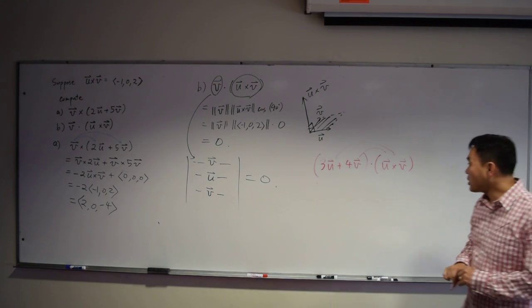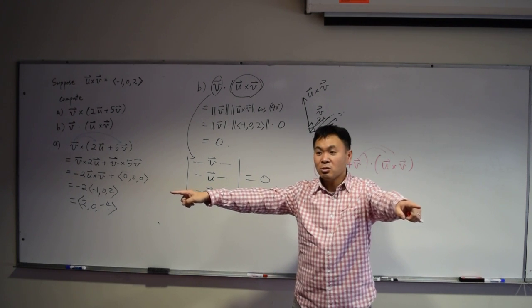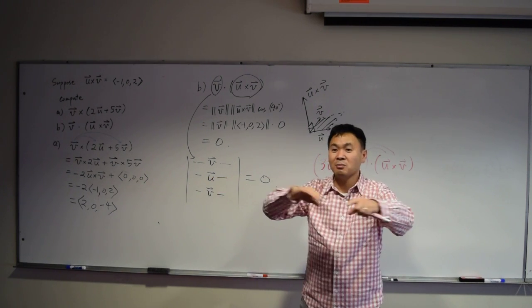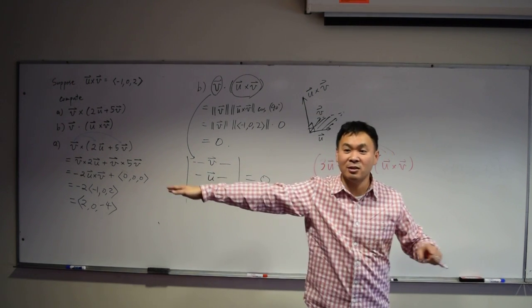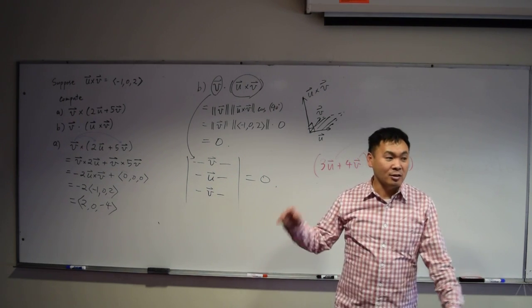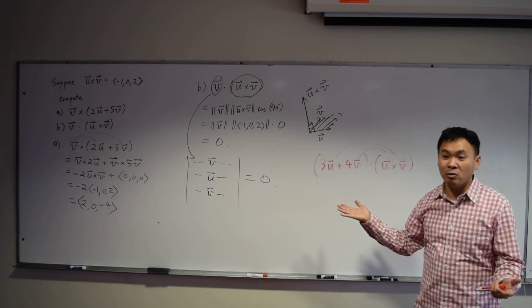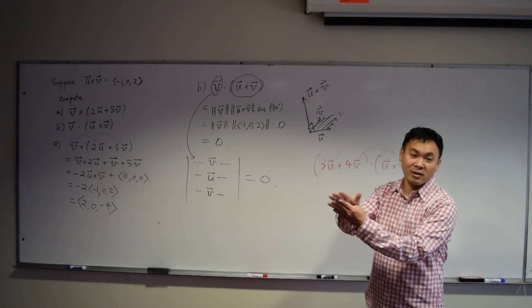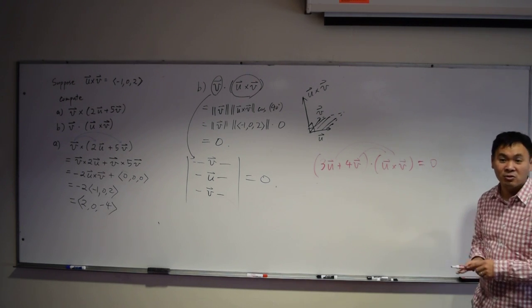But a quicker way to say it will be, well, 3u plus 4v is some linear combination of these two vectors, so it still lies on the same plane as the plane made up by u and v. In that case, they all lie in the same plane, therefore the parallelepiped you get is again flat, and its volume is 0. So that's another way to think about such questions.